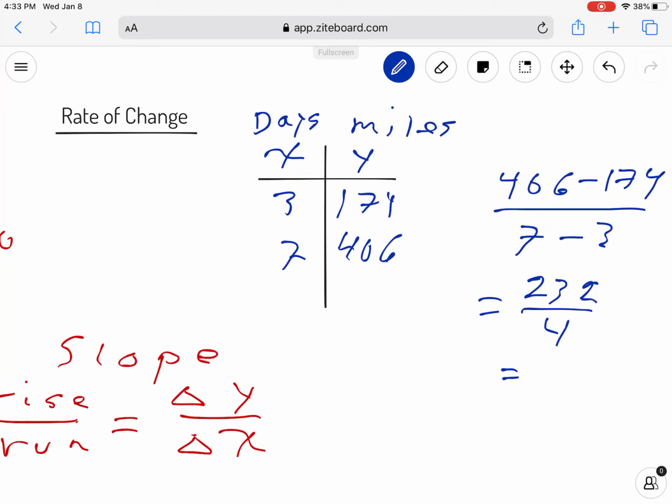So we divide that by 4, and we get 58 miles per day average. Okay, so that's our rate of change from tables. Pretty straightforward. Let's look at a graph though.